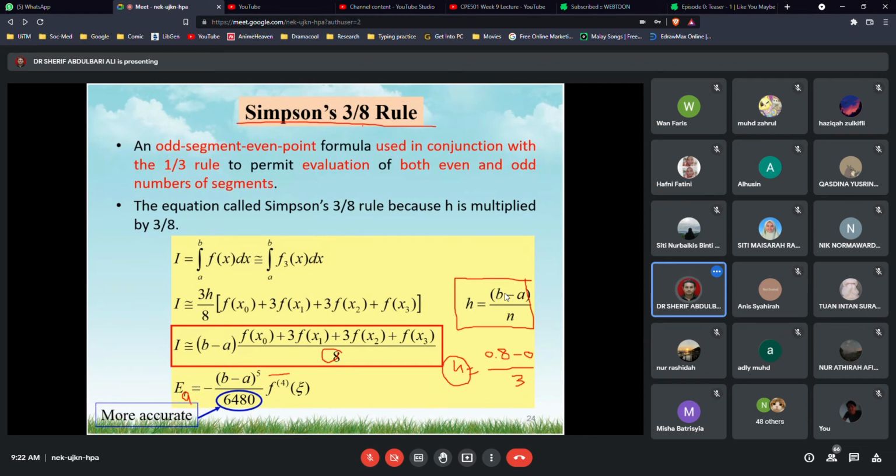Now, before we start to explain, if I'm going to combine the 3/8 rule with the 1/3 rule, how many segments am I going to have at the end, and how many points?